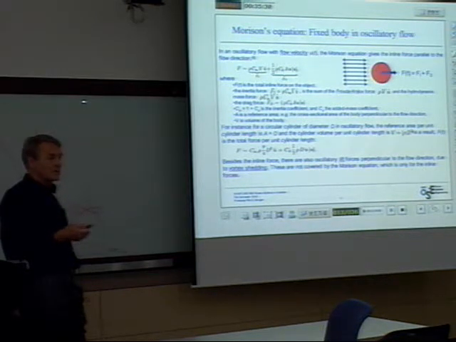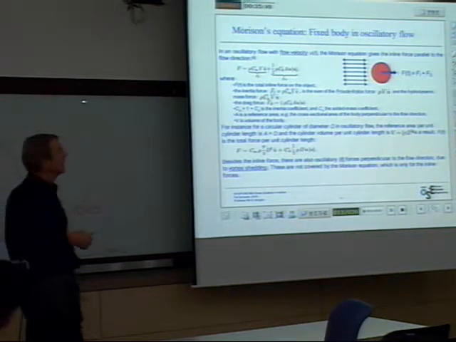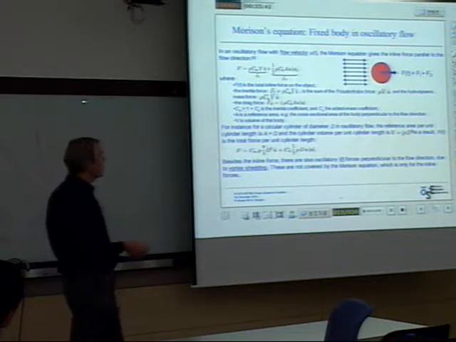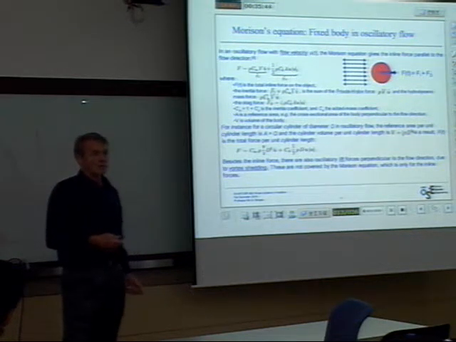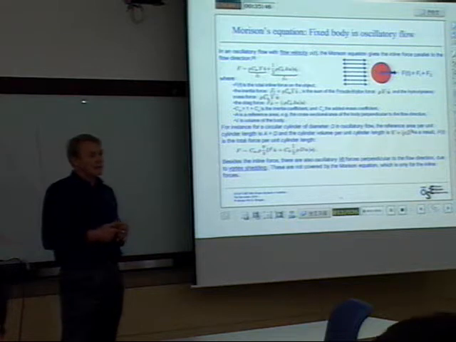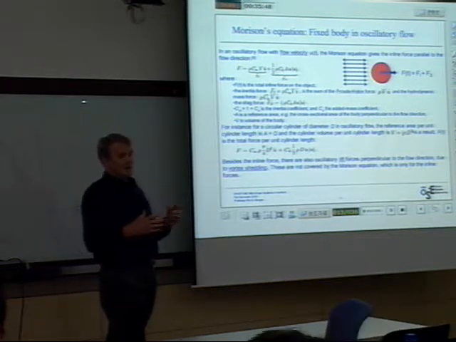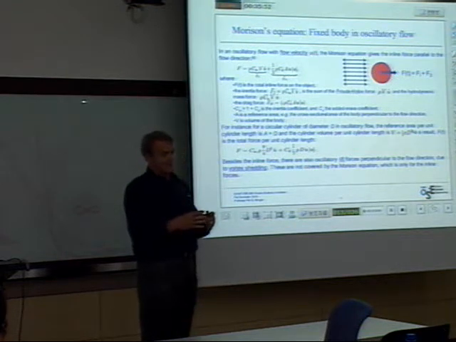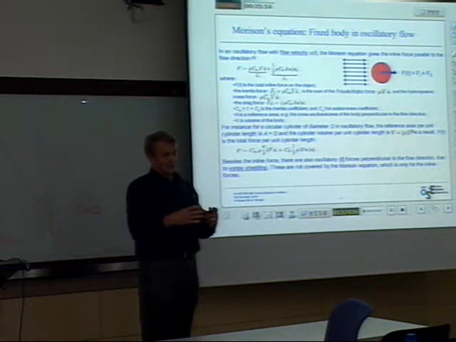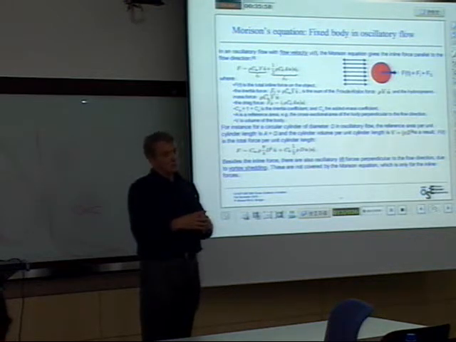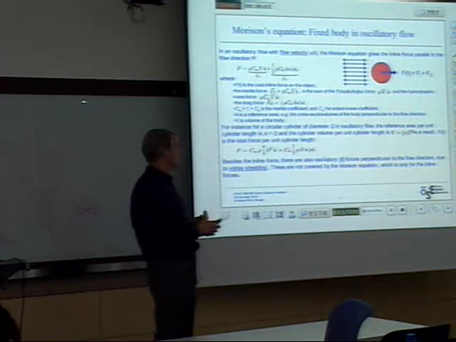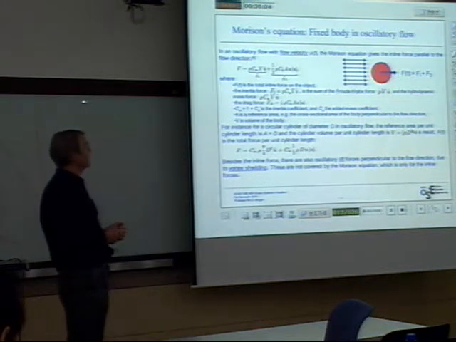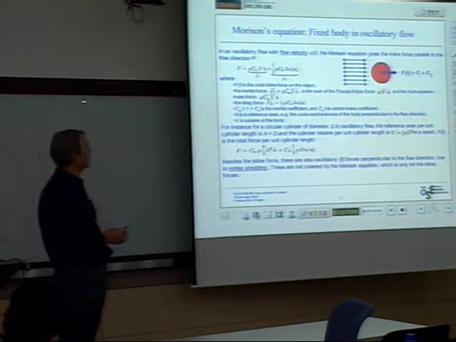Morrison's equation is used very, very much in offshore analysis. In reality, it is only valid, or approximately valid, for rather small cross sections, but it is used in situations that maybe go beyond what it should be used for.